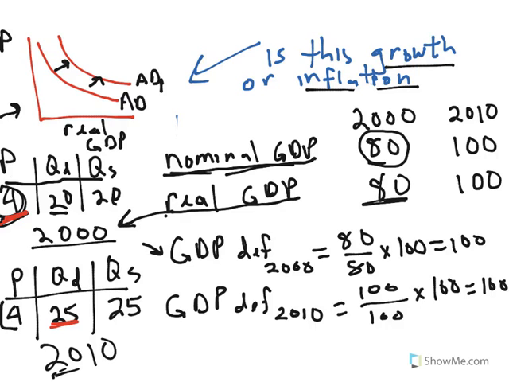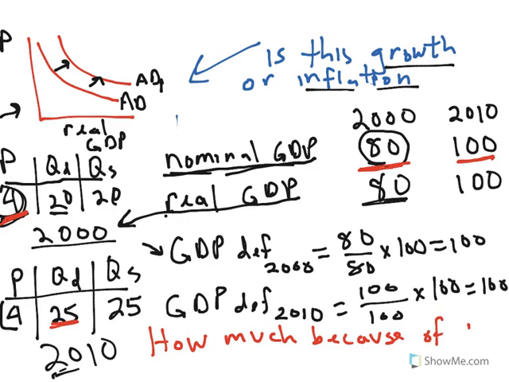Okay? So the point is, now that we have this calculation, we see that GDP is growing from 80 to 100. GDP is growing. The question is, how much of it is because of an increase in price or inflation.